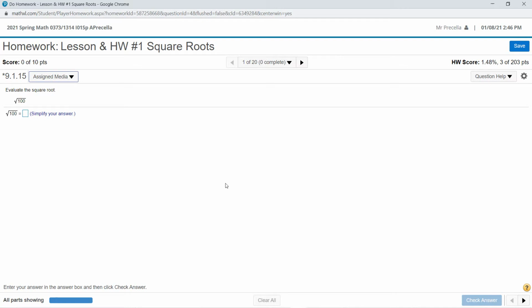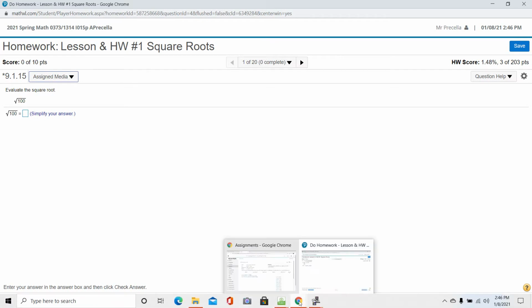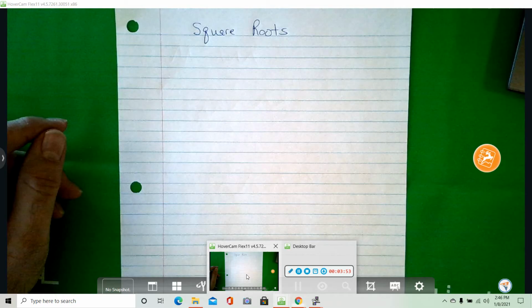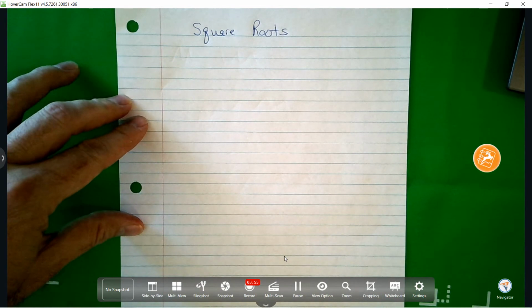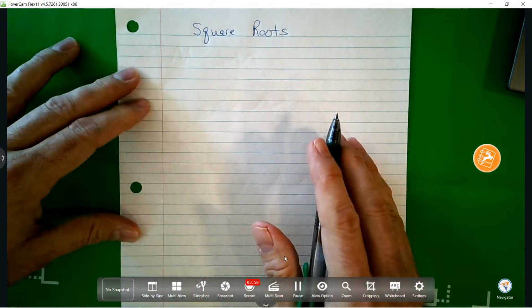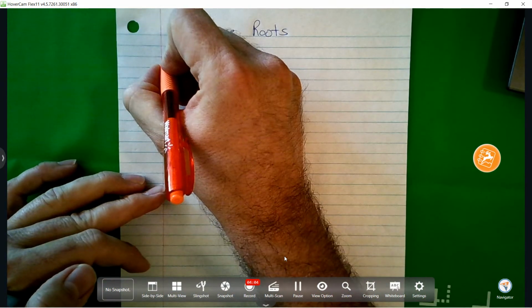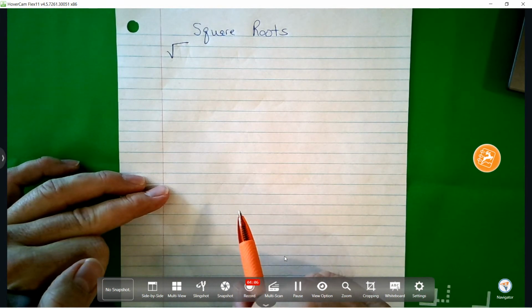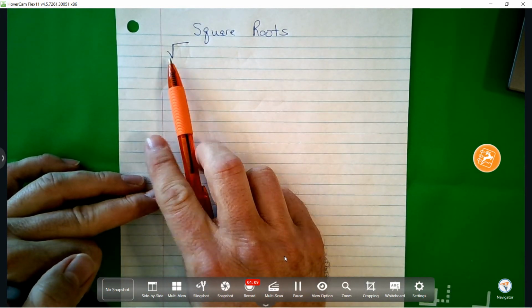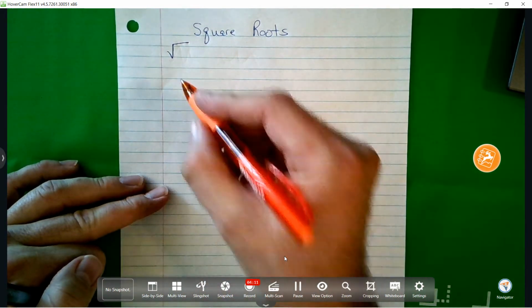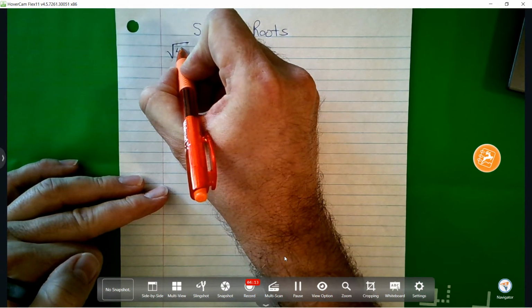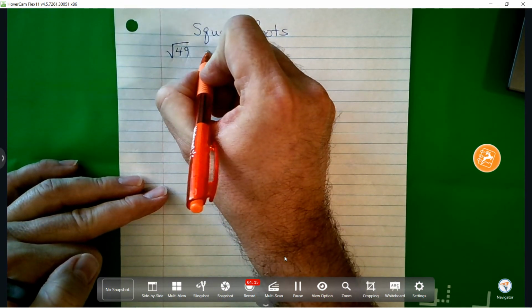And here is our first assignment, or our first problem. It says evaluate the square root. Well, I'm sort of making a huge assumption that you've seen square roots before. Let's see. What is a square root? Well, this symbol right here is called formally a radical symbol, but when we see it, we read it as square root, as opposed to number 49 is under there.